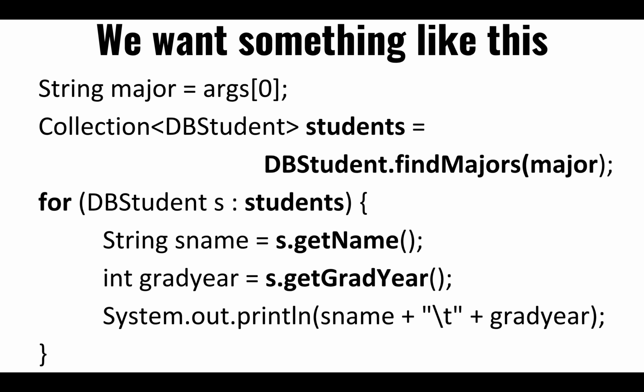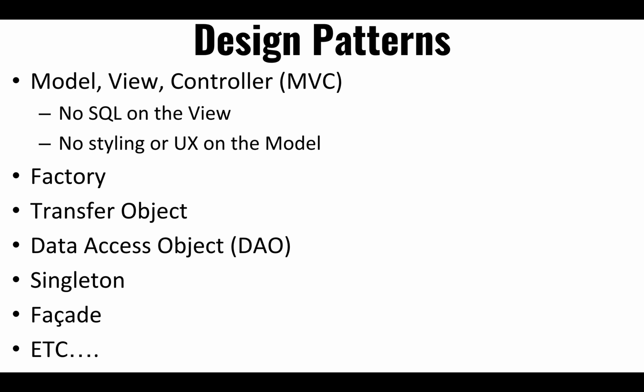We would be able to iterate over it, and we have getters and setters that will allow us to interact and retrieve data for each one of these instances. There would be no rows. This would be a little array or collection or list of students.